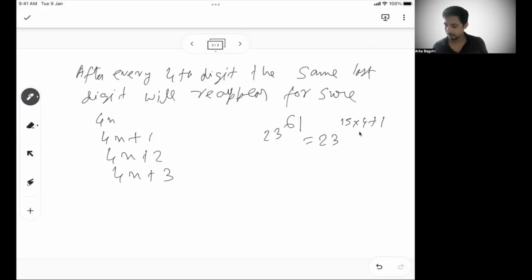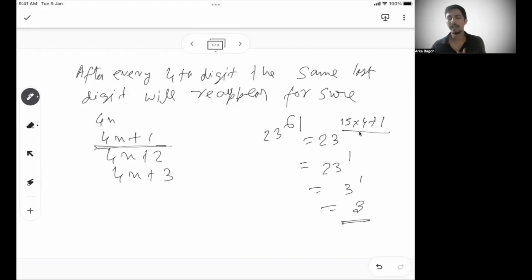So this is typically a 4n plus 1 format. I divided 61 by 4, and 15 is the maximum number of times 4 can go inside 61. So 15 into 4 and the remainder is 1. So it is going to be the same last digit as 23 to the power 1, or 3 to the power 1, so the last digit will be 3.